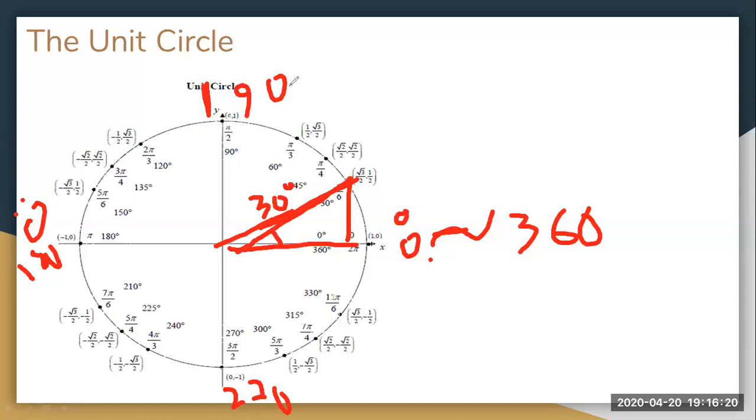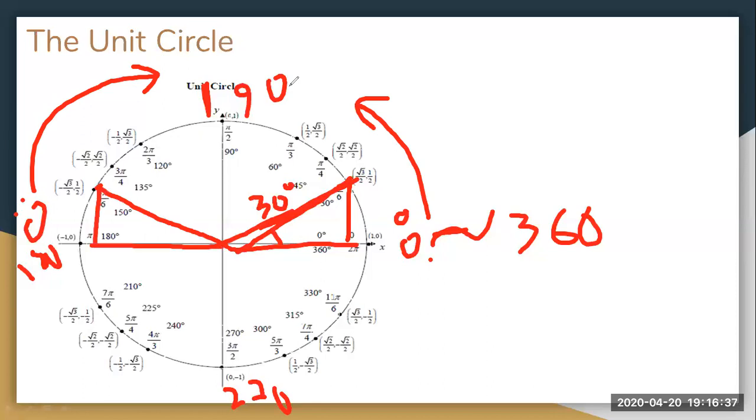So from here we are going from 0 to 1, and over here also we are going from 0 to 1. So you can actually draw a 30 degrees triangle over here as well, and this would be the same thing over here.